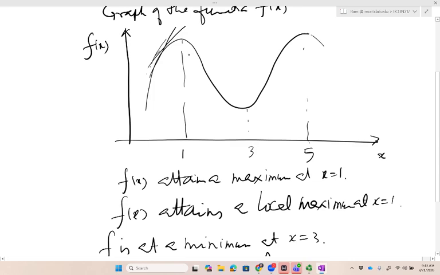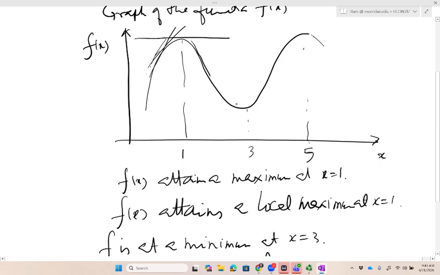And so on the left hand side it is positive, on the right hand side it is negative, but at exactly x equal to 1, the slope of the tangent appears to be flat, to be 0. So the tangent appears to be flat at x equal to 1.